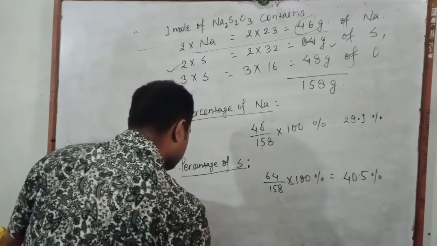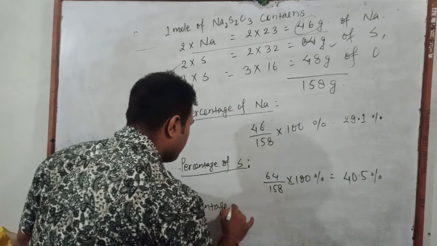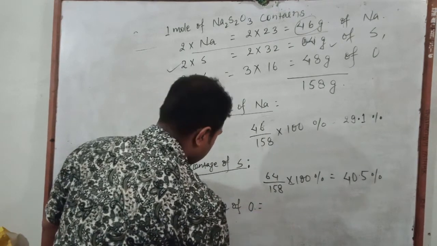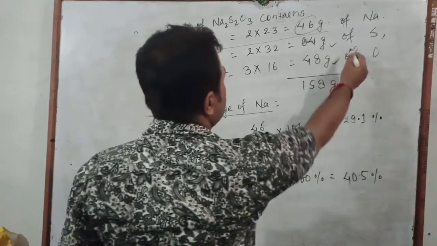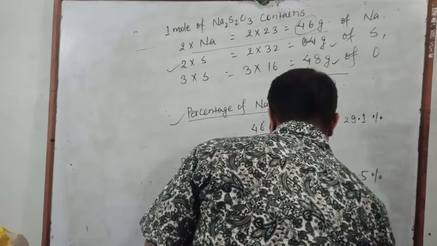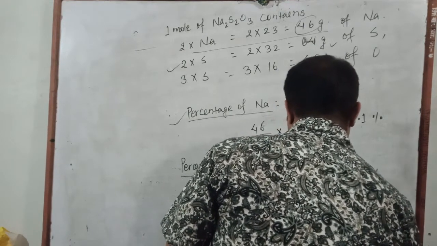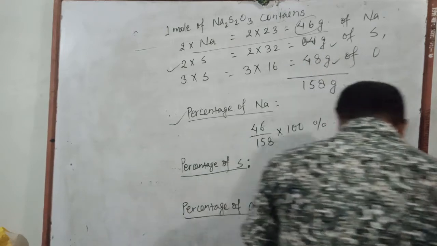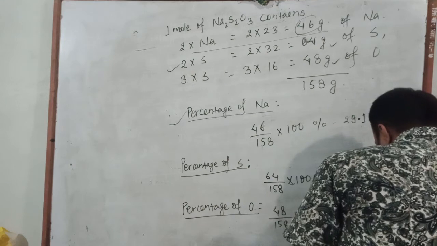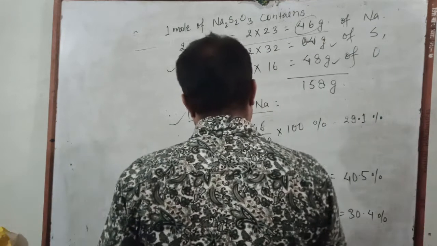Next is the percentage of oxygen. The oxygen mass is 48 gram, so 48 divided by 158 into 100%. When we solve, we get 30.4% oxygen.